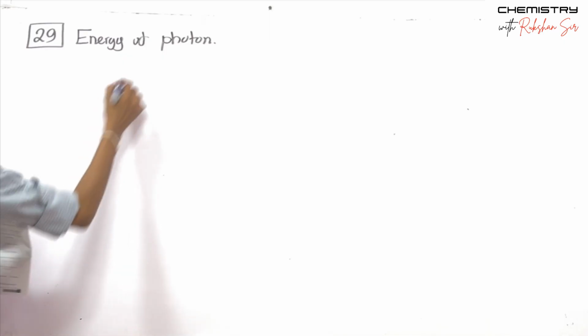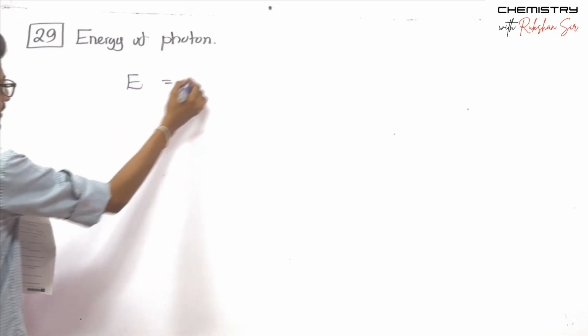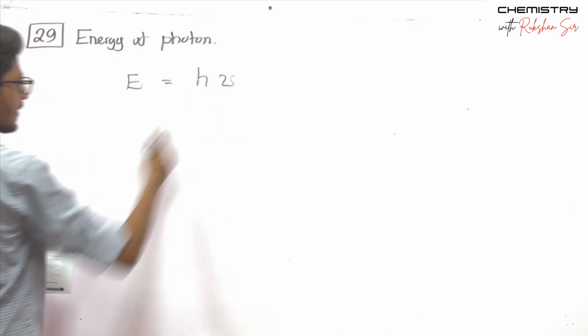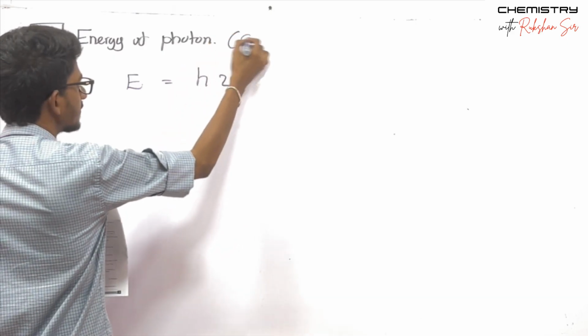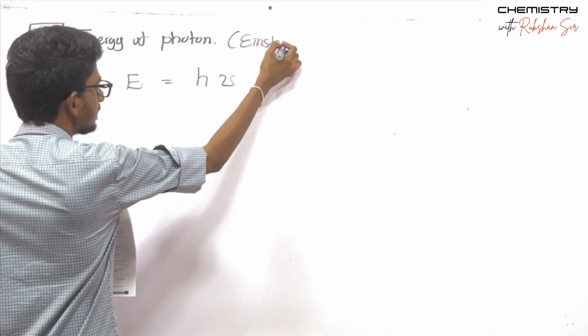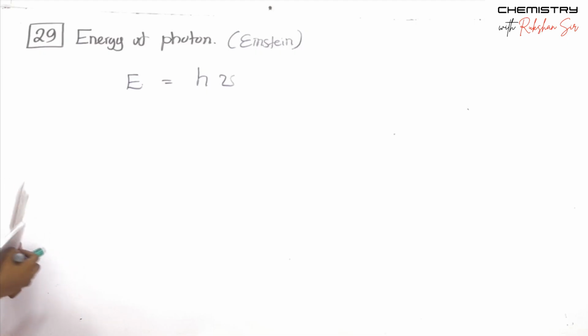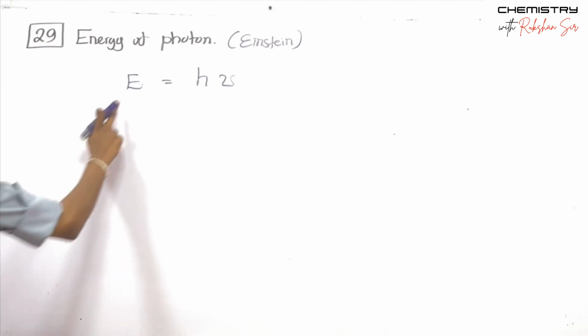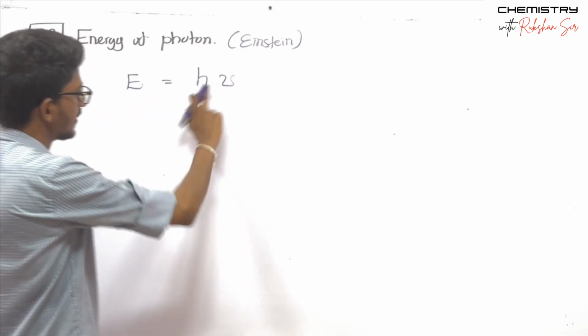So Einstein came up with the equation. Energy of a photon is equal to hν. The equation came from Einstein: energy of a photon is equal to h times the frequency of the radiation.